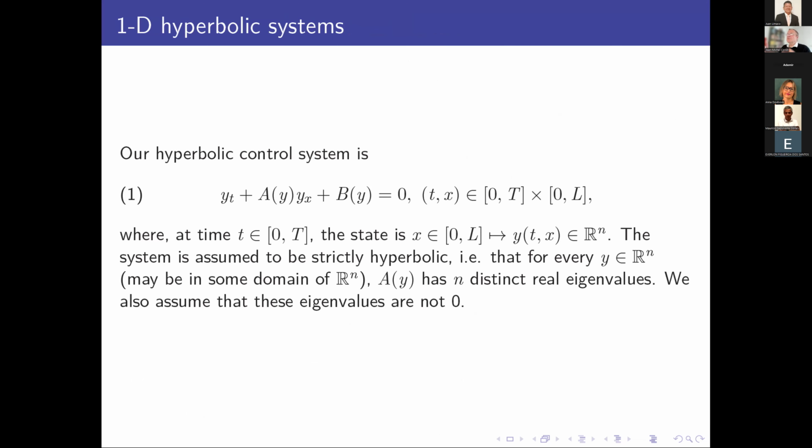And what do you mean by hyperbolic? You mean that if you compute the eigenvalues of A(y), which is a square n times n matrix, you assume that the eigenvalues are all real and distinct, and none of these eigenvalues is equal to 0. So this is the general framework.